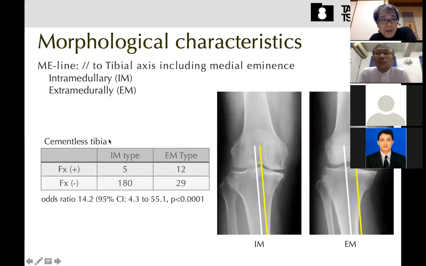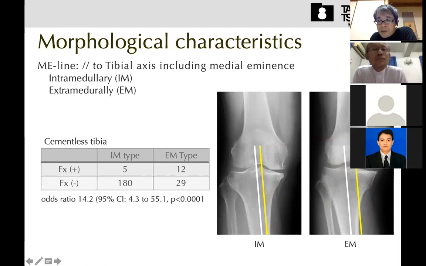We call it the ME line, the medial eminence line. So if the line passes intramedullary, within the bone, the patient does not have tibia vara.